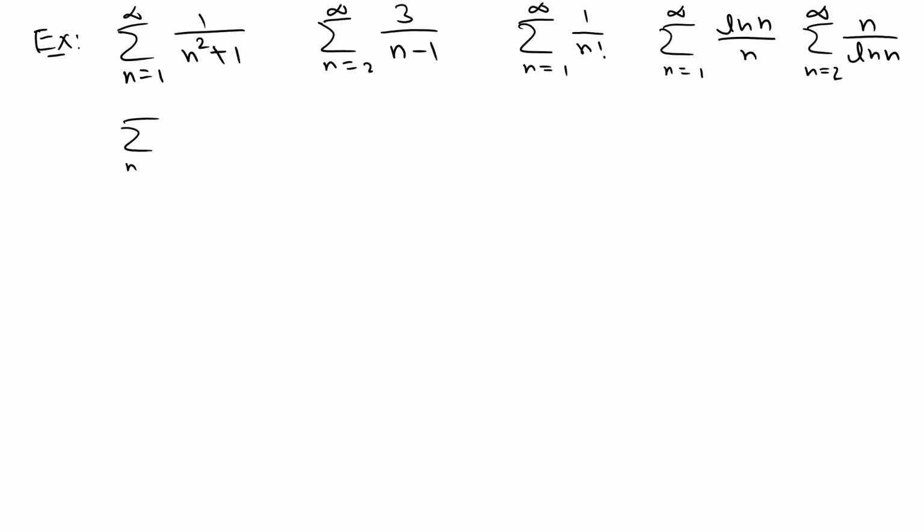Sigma n going from 1 to infinity, n over n factorial, and then n going from 1 to infinity, n factorial over 3n.